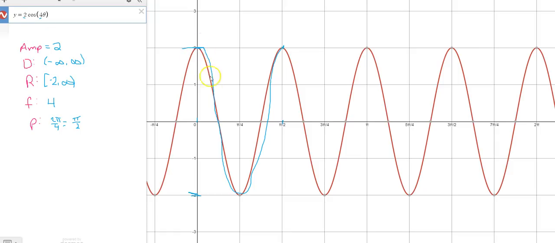You can see right here. There's one cycle, and there's 4 of them. 1, 2, 3, 4 over the distance of 0 to 2 pi. So there's our standard 7.6. We can figure out domain, range, amplitude, period, and frequency by looking at the function or by looking at the equation of the function.